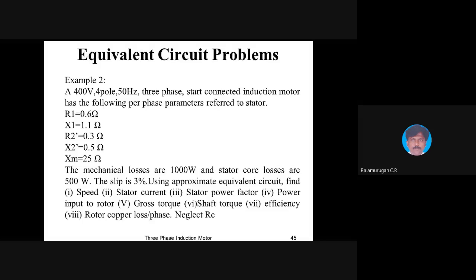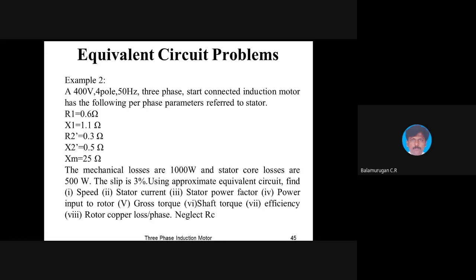You check this answer, 14637 watts. Are you getting it or not? From the fourth subdivision we will continue from the next class.